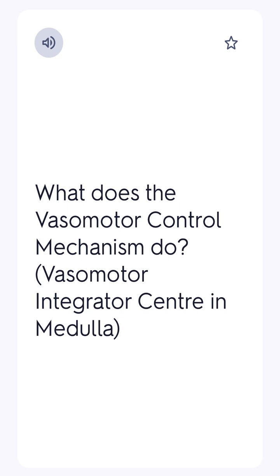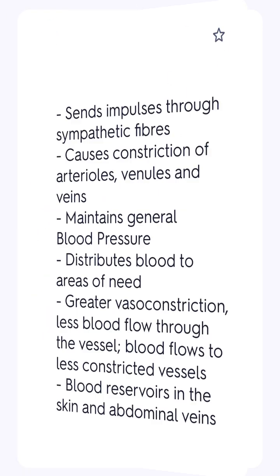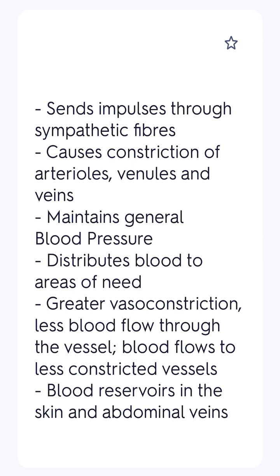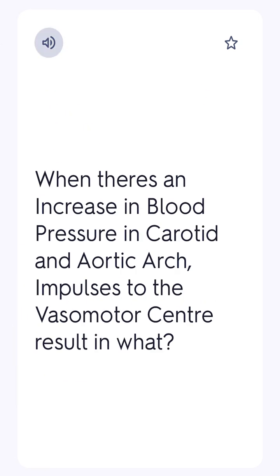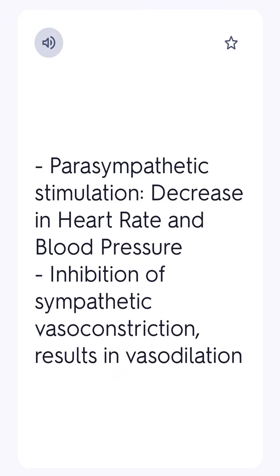What does the vasomotor control mechanism do? When there's an increase in blood pressure in carotid and aortic arch, impulses to the vasomotor center result in what? Parasympathetic stimulation, decrease in heart rate and blood pressure, inhibition of sympathetic vasoconstriction, results in vasodilation.